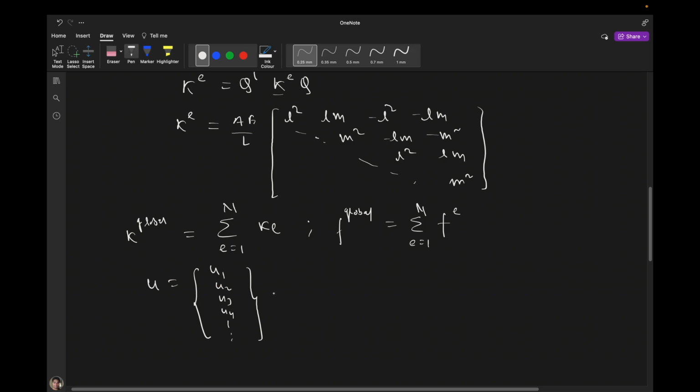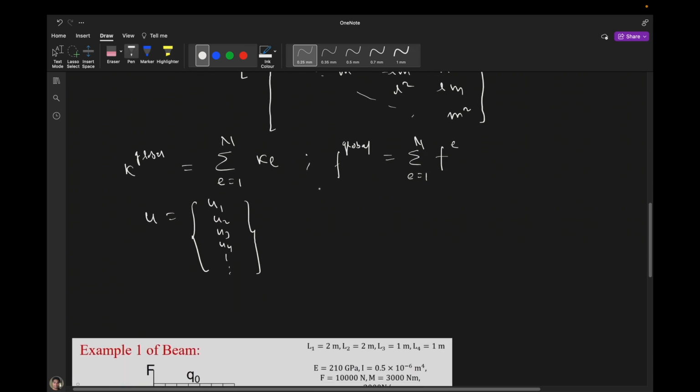Now let's see how we will solve this problem. Before going to that, we will take care of whatever the problem is saying, which means that we need to see how the nodal coordinates and the element connectivities are given.